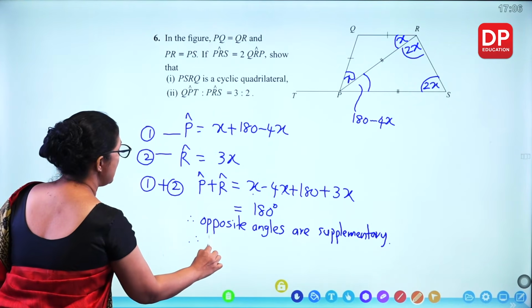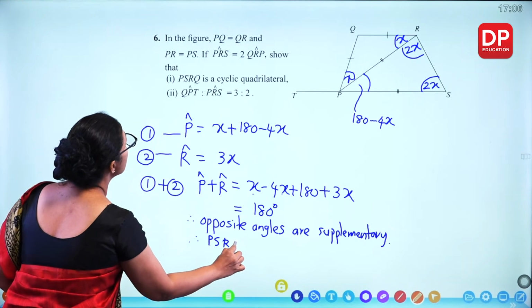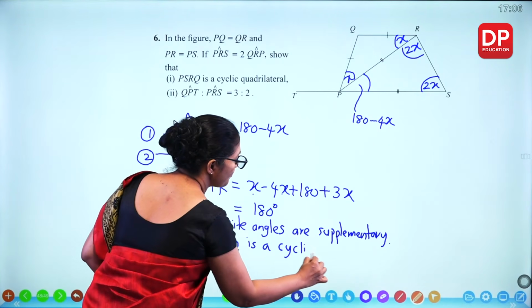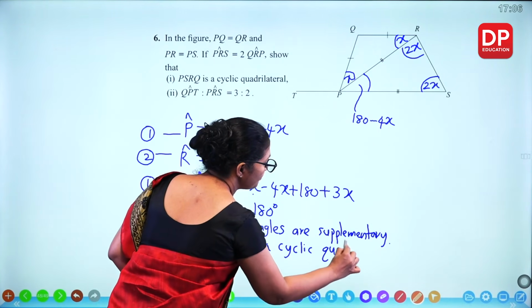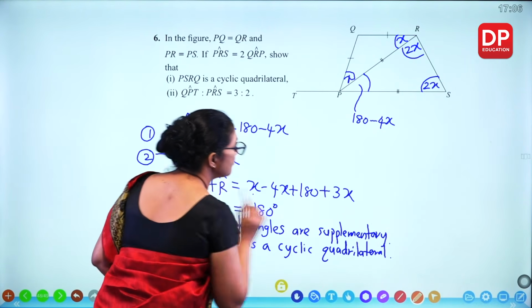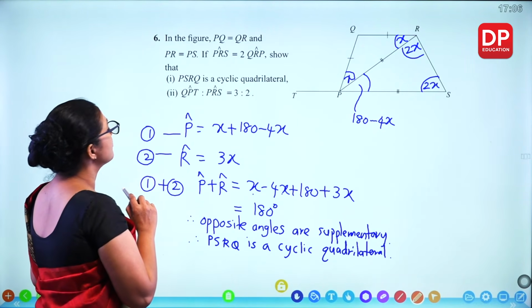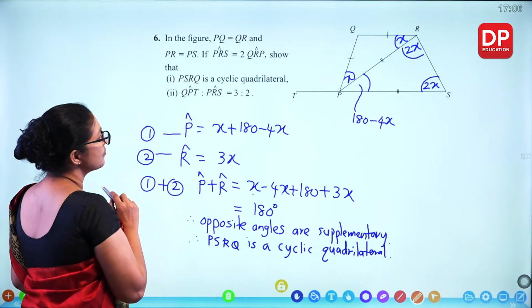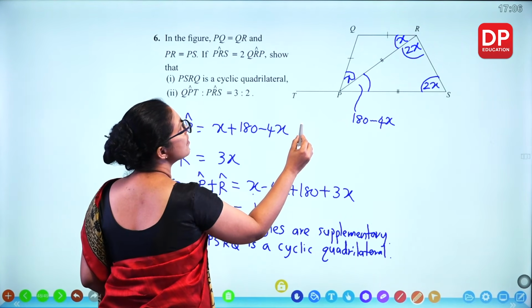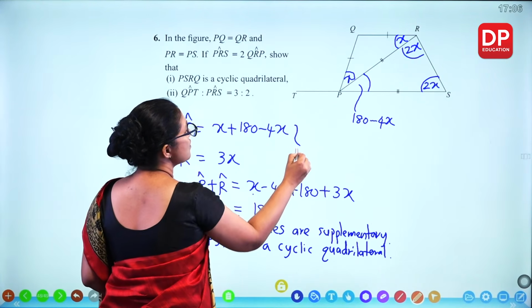Therefore, PSRQ is a cyclic quadrilateral. So here you can write down because of the isosceles triangle.